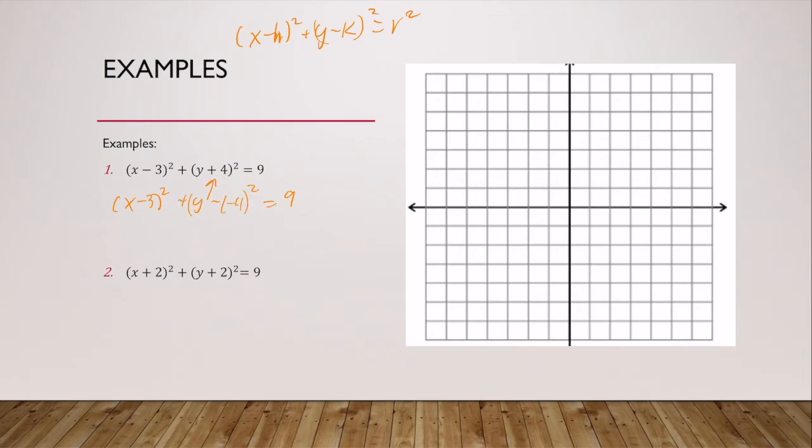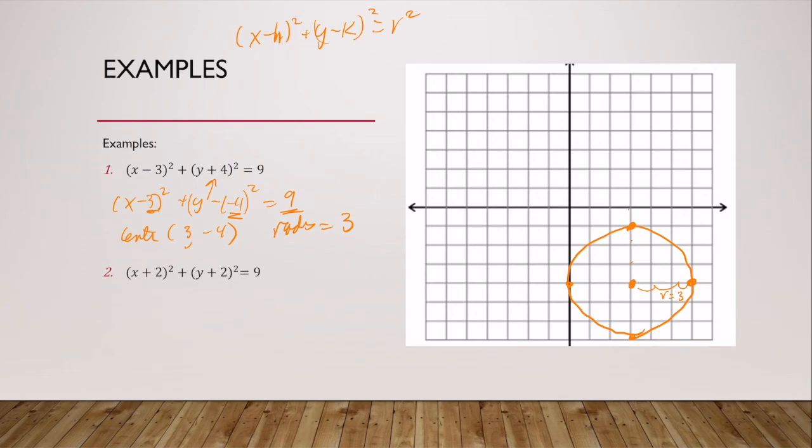That means my center is when x is 3, y is negative 4, and my radius is going to be the square root of 9, which is 3. So let's graph this circle. When x is 3, y is negative 4. That's my center, and my radius is 3. So I have that point, this one, and this one. So here's my beautiful circle.